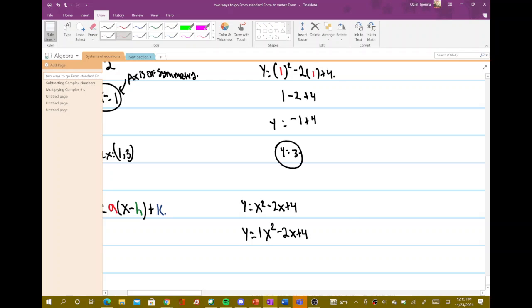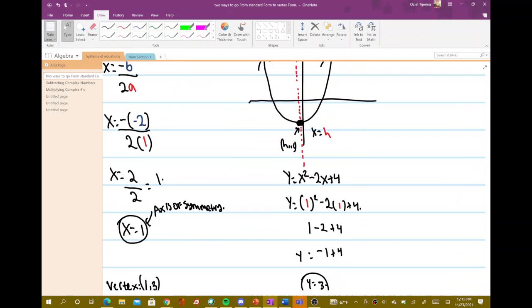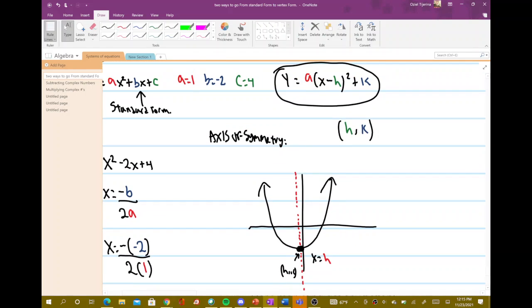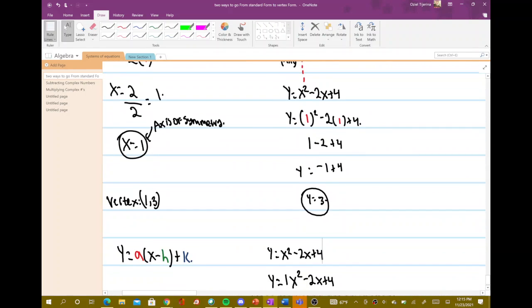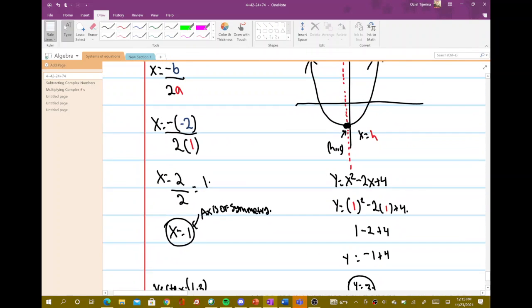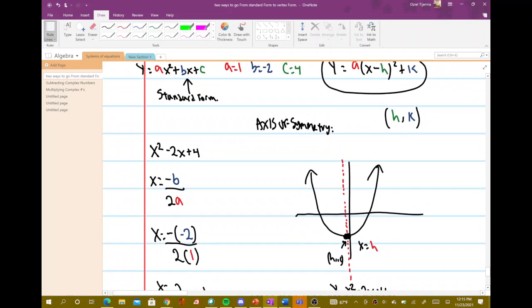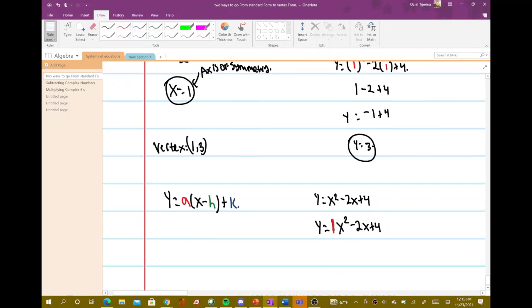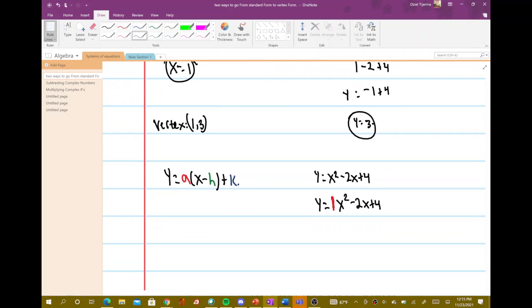So it's like I did up here, right? I said a equals 1, so we have 1 right here, and then b equals -2, so it's minus 2x.